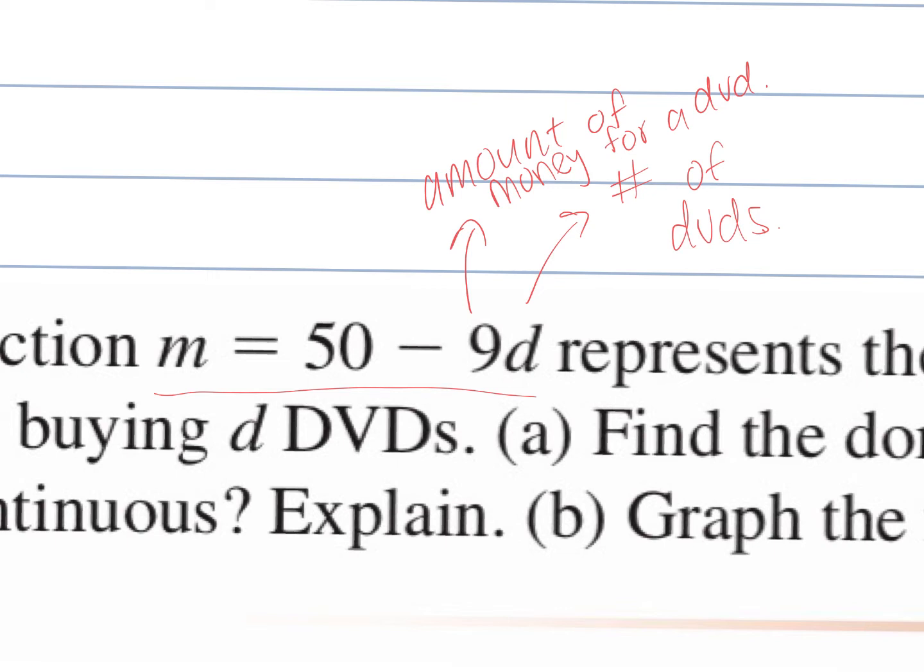So if I purchased 4 of them, what would D be? Well, D would not be 45, and it would not be negative 36. What would the letter D become if I'm buying 4 DVDs?